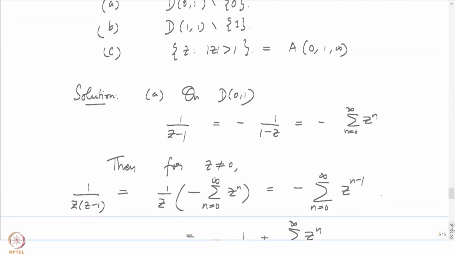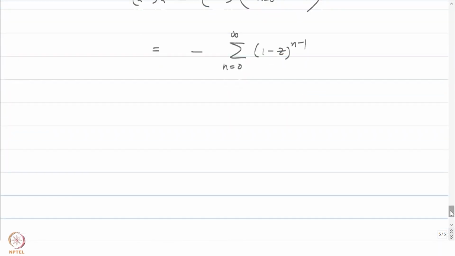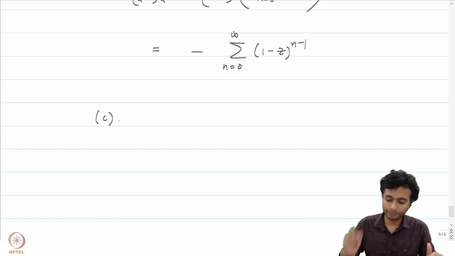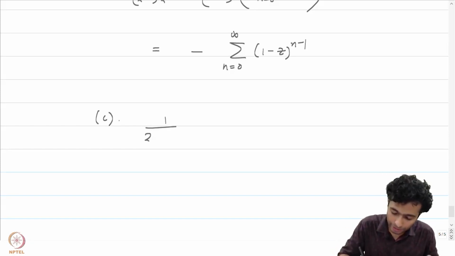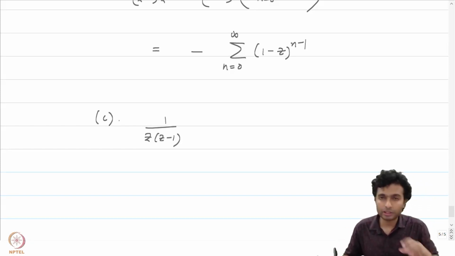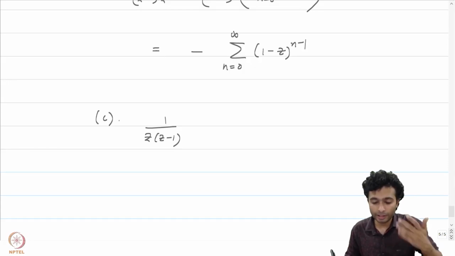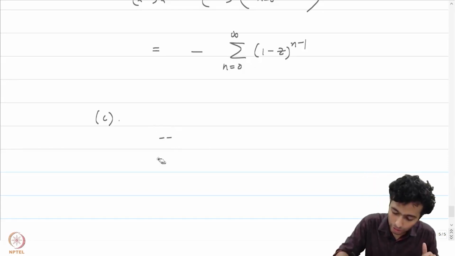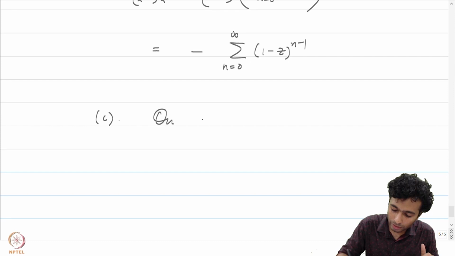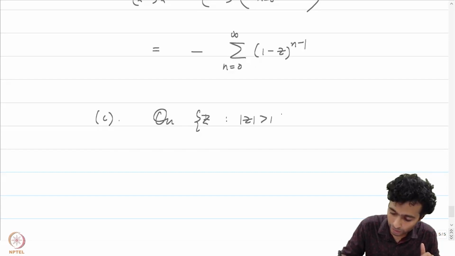So what happens in C? Let's now get to what happens in C. Let's again do some manipulations and see what happens. Notice that z is satisfying the condition that mod z is greater than 1, on the set of all z such that mod z is greater than 1.